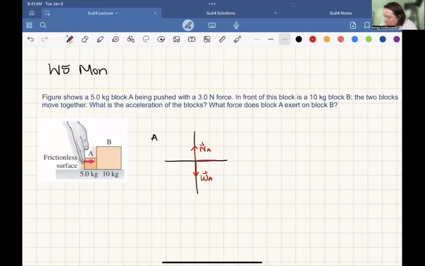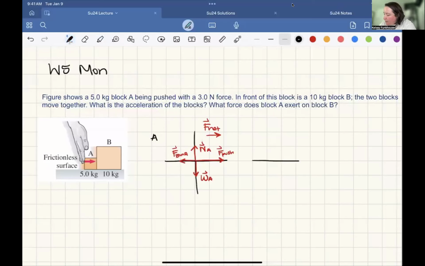We'll just call that F push. And then it is in contact with block B, so it is experiencing a force from block B. So force from B on A. And then our net force is going to be going to the right.